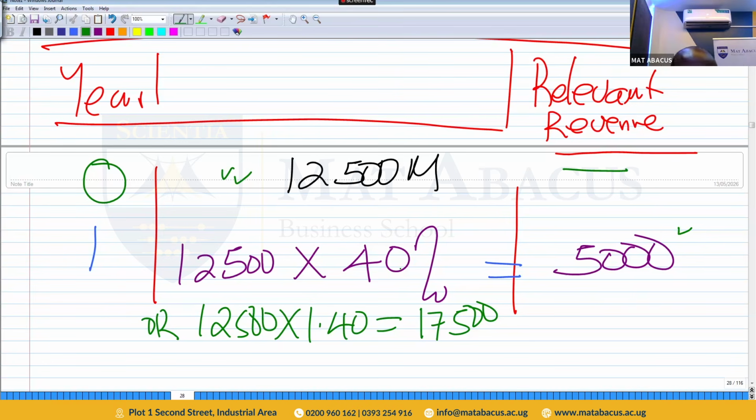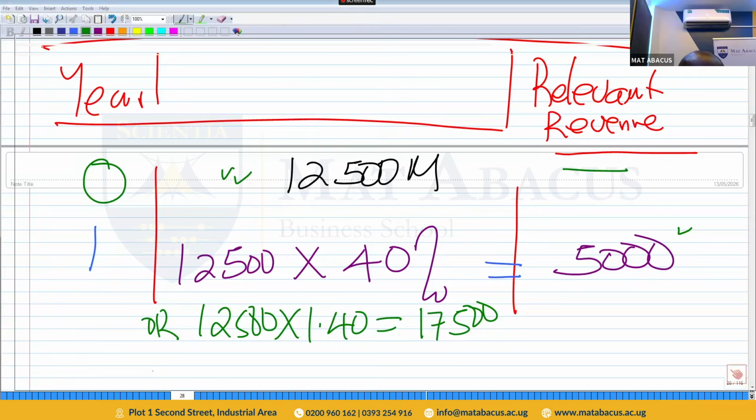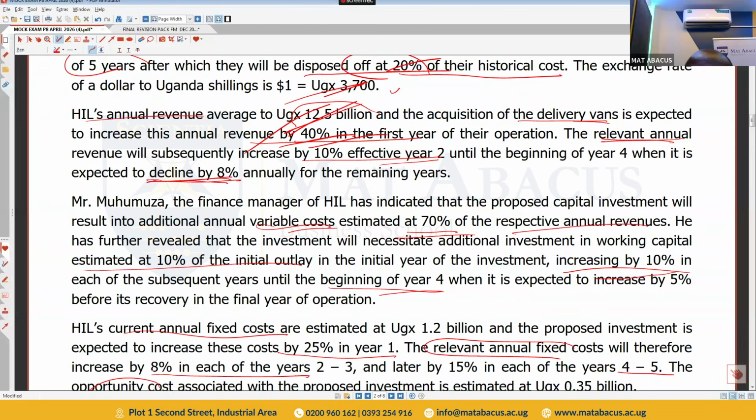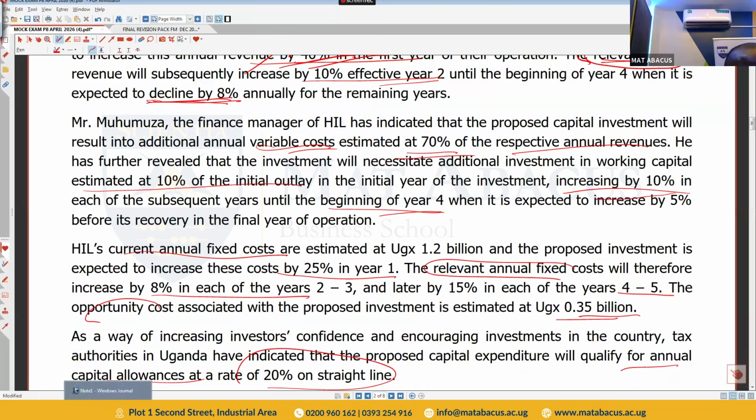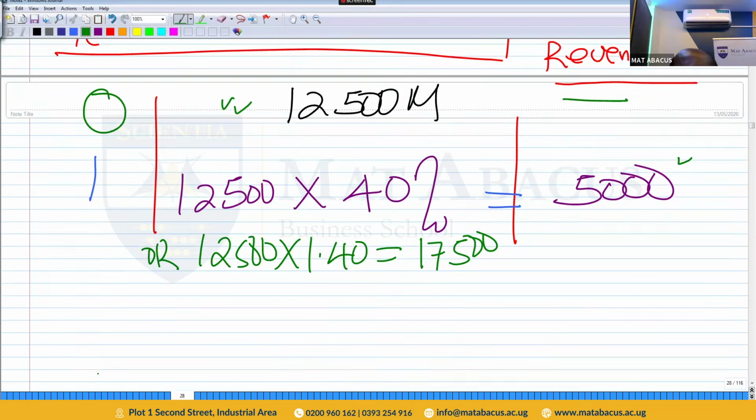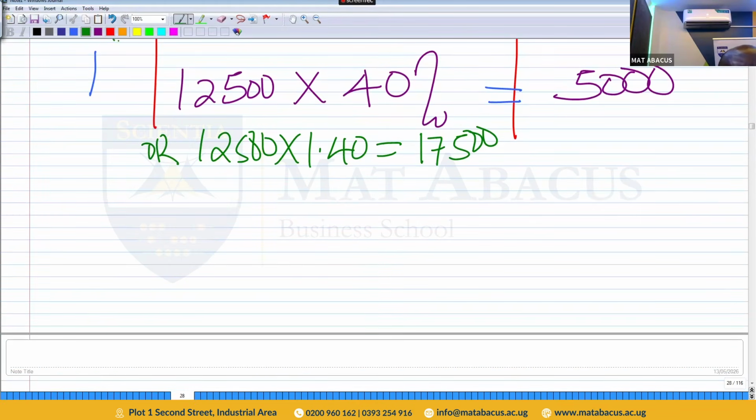But wait a minute. We are told the relevant annual revenue will subsequently increase by 10% effective year 2 until year 4. It means when I come to year 2, the relevant revenue is 5,000.